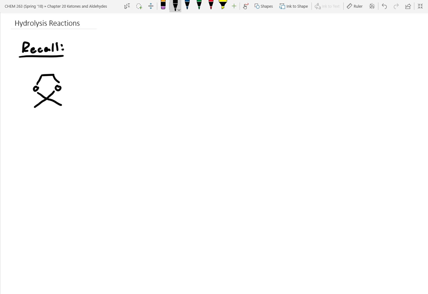So if you remember, this was our cyclic ketal. Why do we put on these cyclic ketals on carbonyl groups? To protect them, right? However, I said if you want to remove them, you can treat this with acid and water. And if you have excess water and acid, you can essentially push this out of equilibrium.